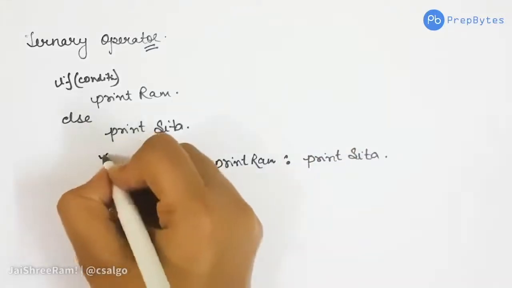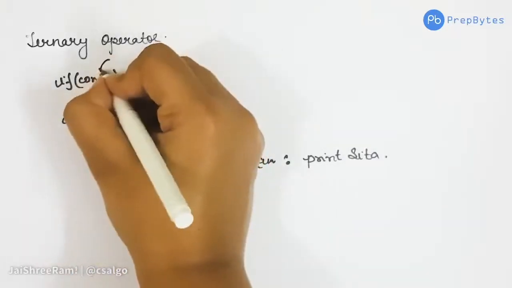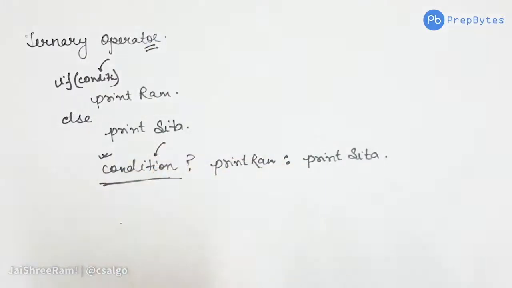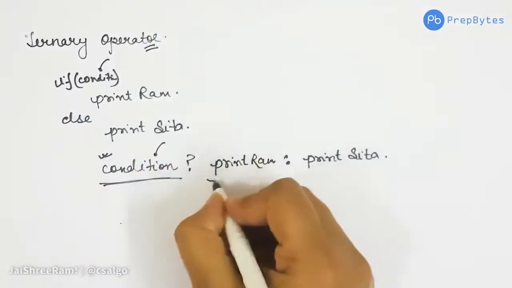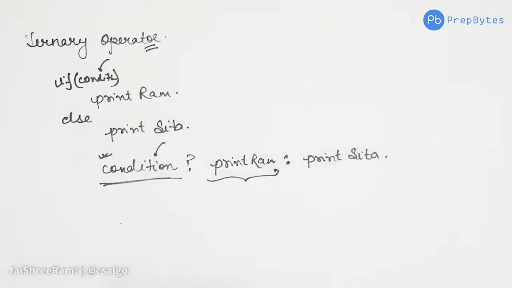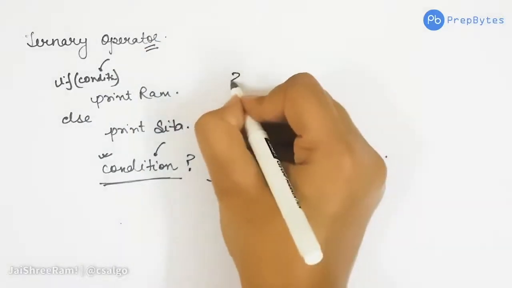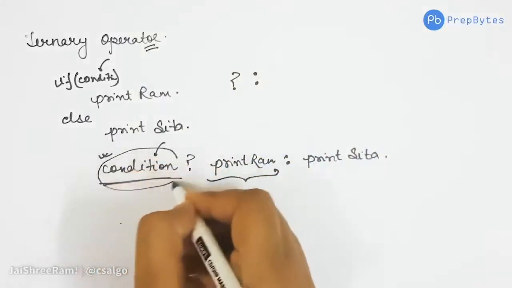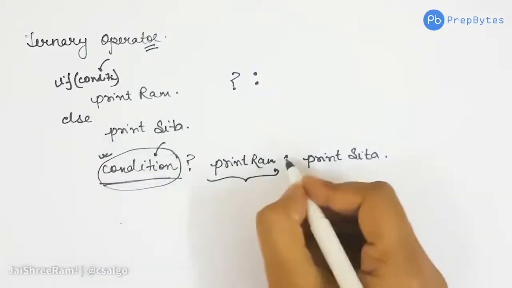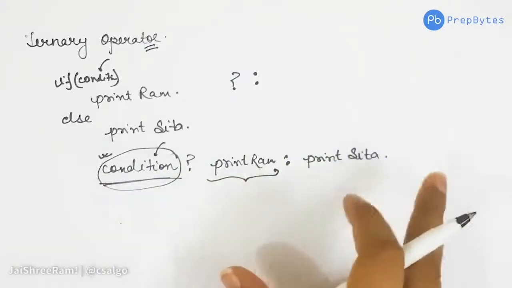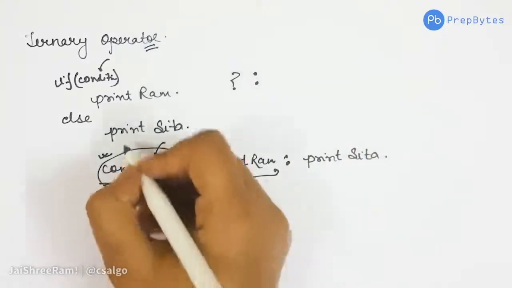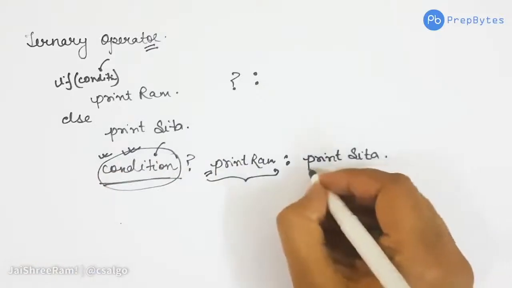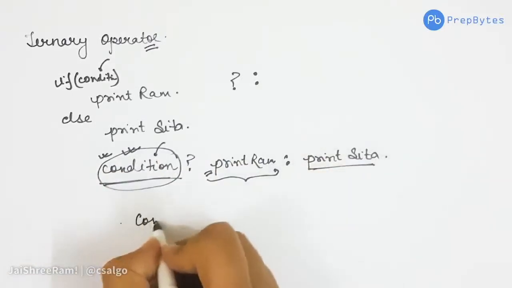Whatever condition we have written here, we write it here, and if this condition is true, or gives the value 1, then print Ram gets executed. So what are we using here? Question mark and colon. The question mark is just after the condition, and the colon is between the two statements that we want to execute. So if this condition is true, print Ram, and if it is false, print Sita. This is called a conditional expression.